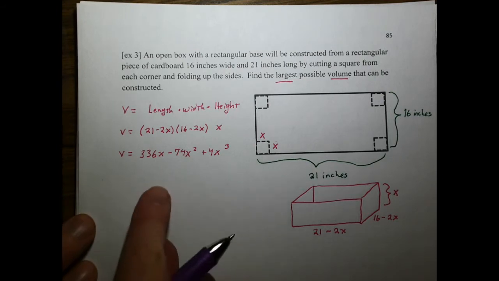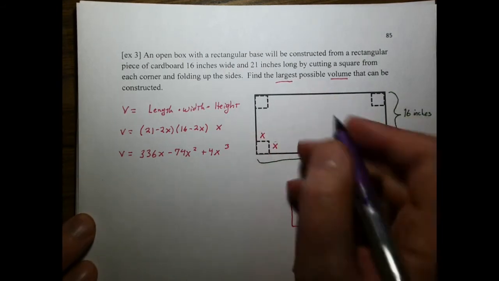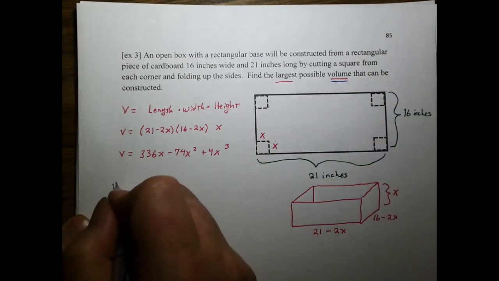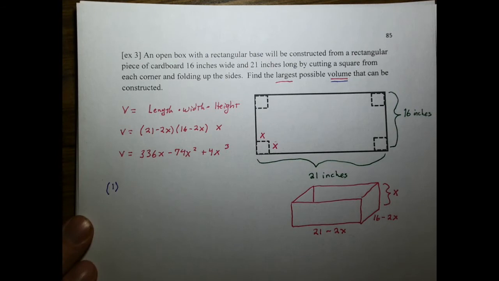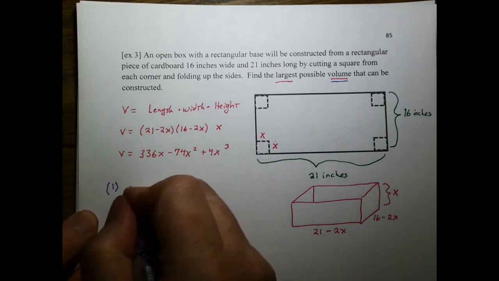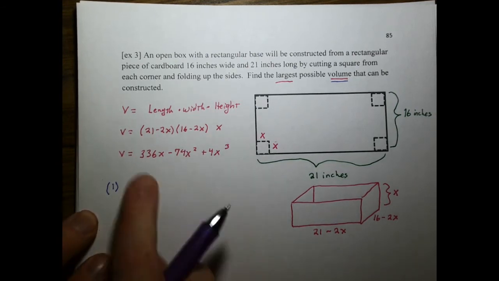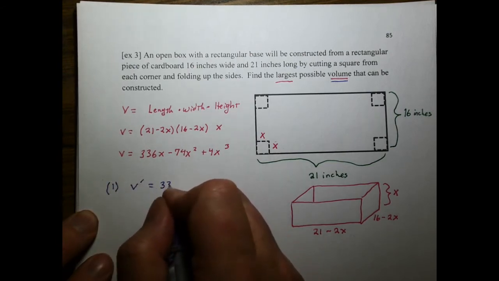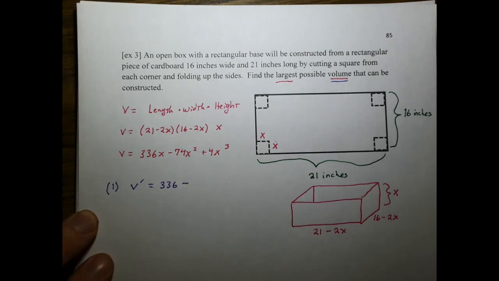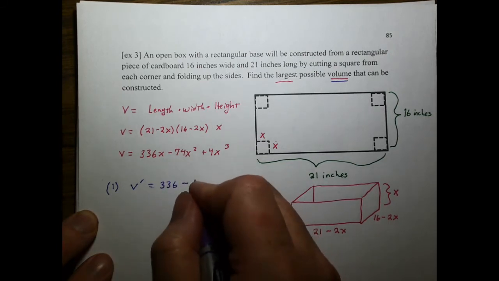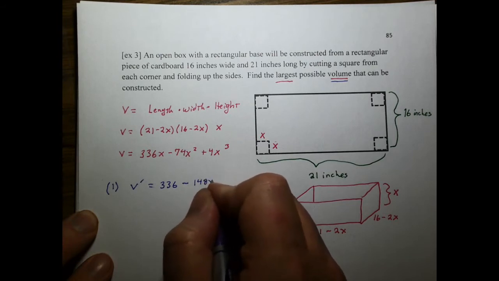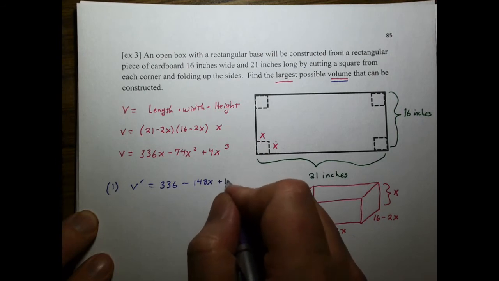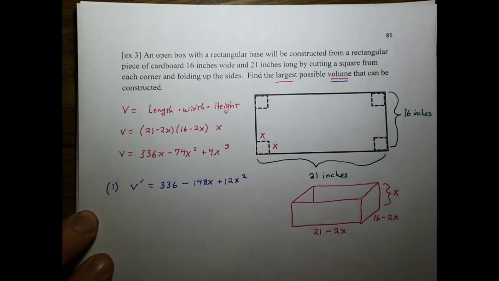Alright, so we've got our volume, and our goal is to find the largest volume. And if we're going to use calculus, we need the derivative. Now the derivative of volume is going to be 336 minus 74 times 2 is 148x, and then 4 times 3 will give us 12x squared.